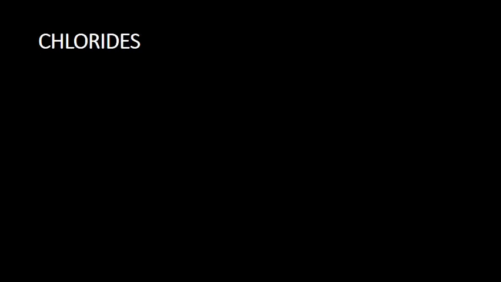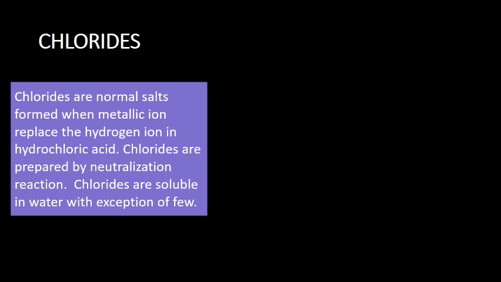Chlorides. Chlorides are normal salts formed when a metallic ion replaces the hydrogen ion in hydrochloric acid. Chlorides are prepared by neutralization reaction. Chlorides are soluble in water with some exceptions.